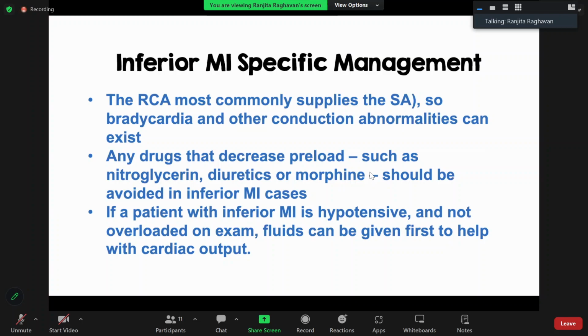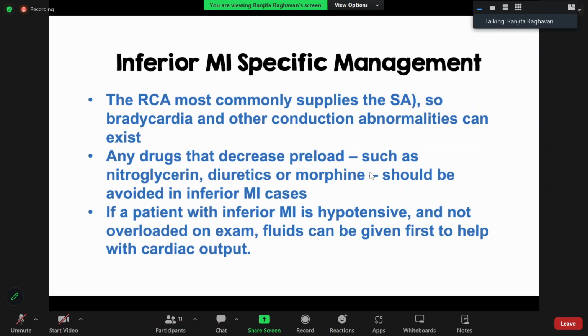In addition, the patient I had had normal vitals, and was not bradycardic, and was not hypotensive, because they ended up having a left circumflex occlusion.